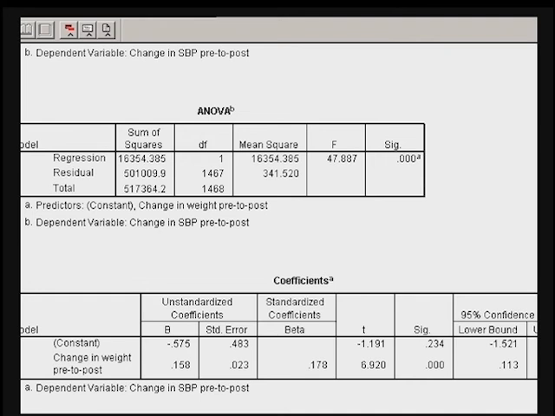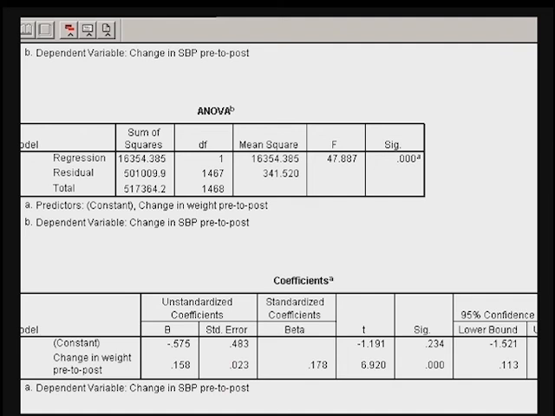I also said that I wanted to show you that the computer in fact calculates the standard error for you. And there it is. This is what you would see with regard to the standard error in the computer printout that you would get as a result of the analysis.